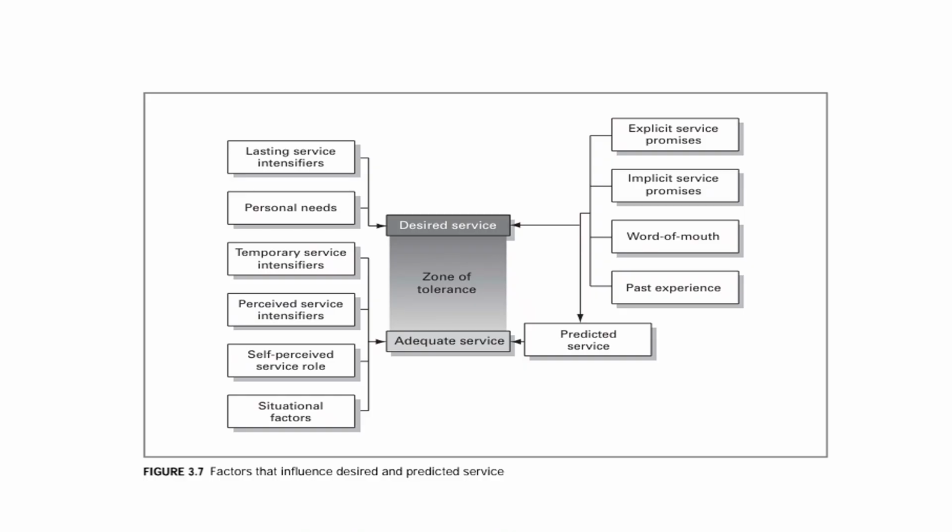Then we have implicit service promises such as price, brand image, or physical evidence, and there's word of mouth communication and past experience. So predicted service typically falls within the zone of tolerance and strongly influences how customers judge the actual service performance.